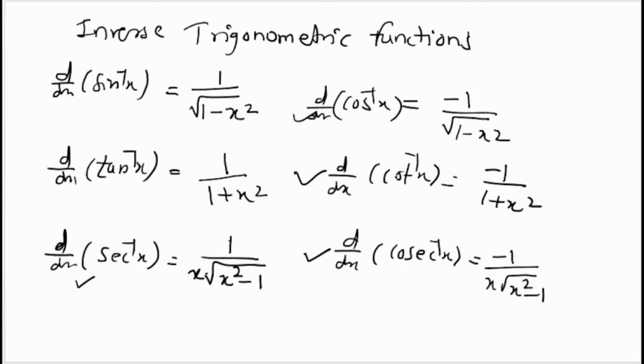Very simple to remember. If you remember the derivative for sine inverse x, then you can remember cos inverse x only by taking the minus sign. If you remember tan inverse x, then take only the minus sign to remember cot inverse x. If you remember sec inverse x, then only take the minus sign for cosec inverse x.